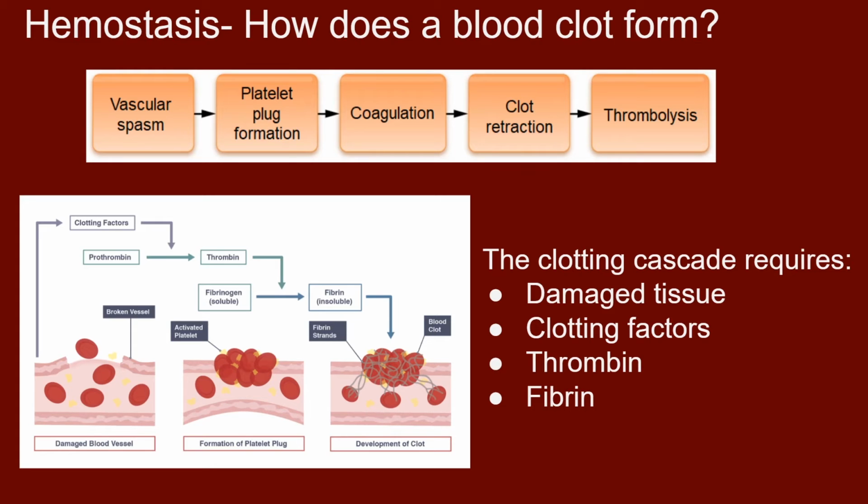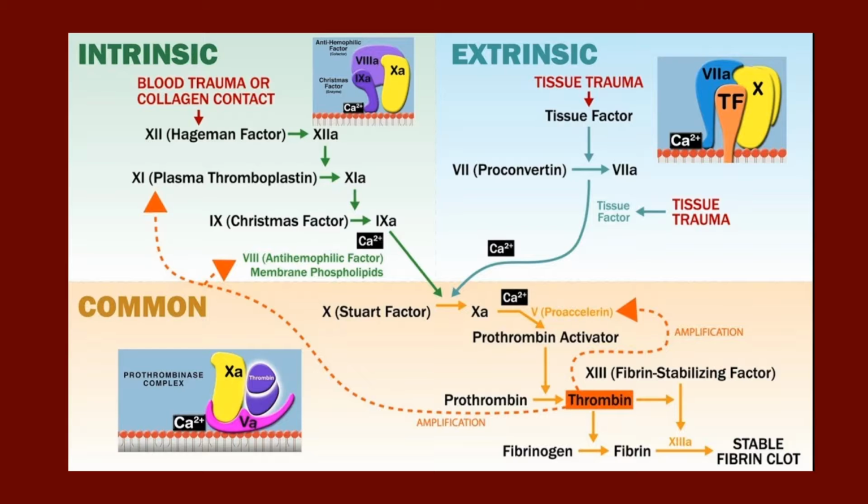We will break it down into 5 steps, each requiring specific conditions to activate the coagulation cascade. Tight regulation is necessary for this cascade because you do not want to form clots all of the time, only when damage has occurred to the tissues or the cells inside of the blood. I should mention for clarity that the actual coagulation cascade is much more complicated than we will discuss in this video.